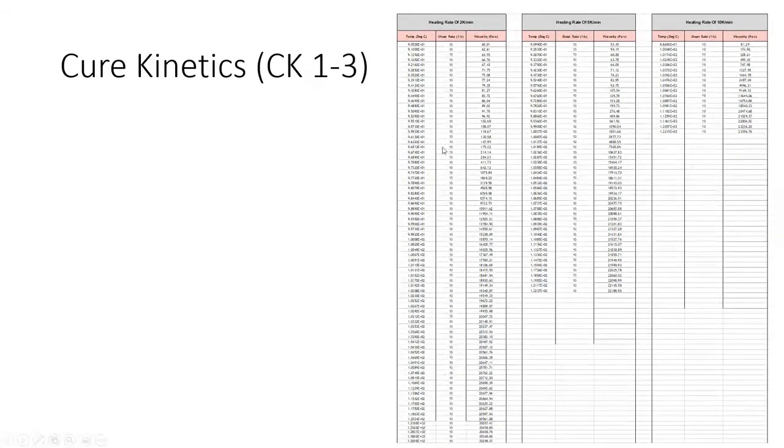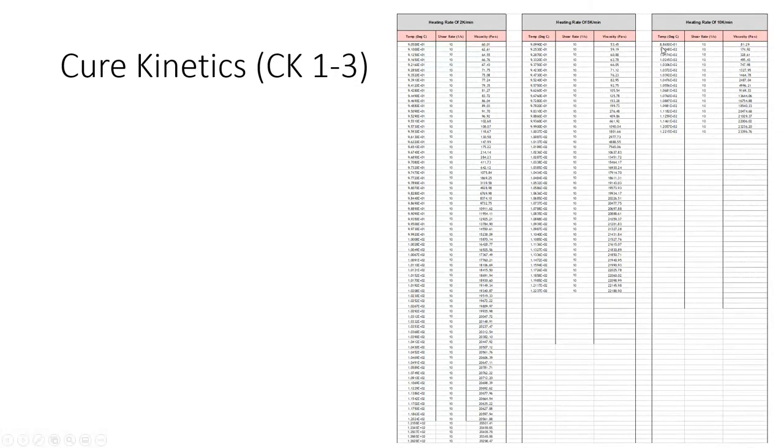Once we run the VTA strain, we can put the data in, as I'm showing here: temperature, shear rate, which is the 10 shear rate range, and then the viscosity at that given temperature. We're going to be plotting all three, CK 1 through 3, at these various temperature rates.